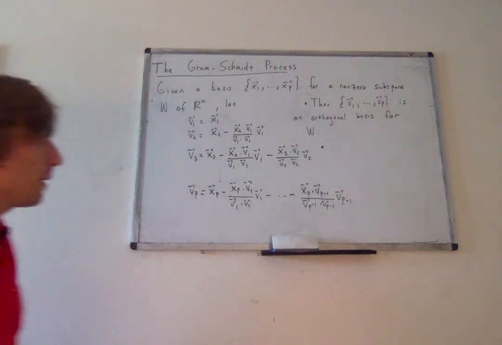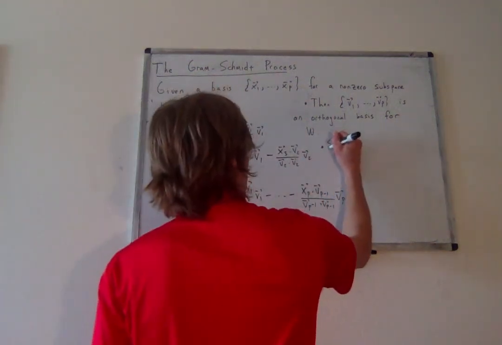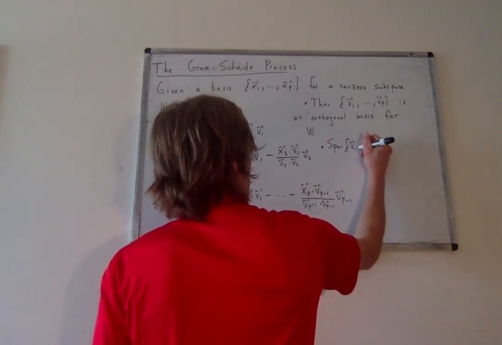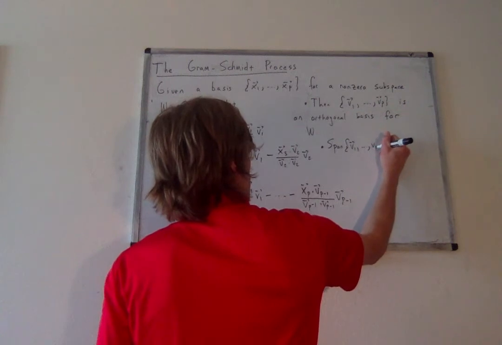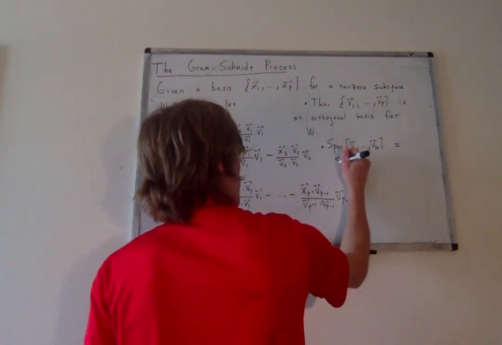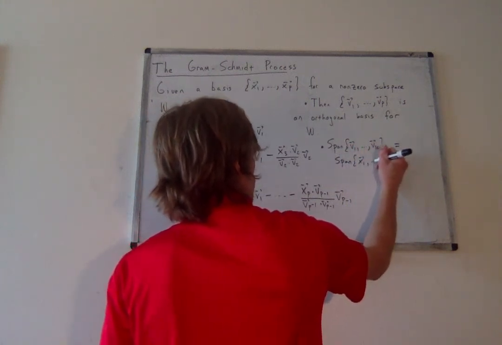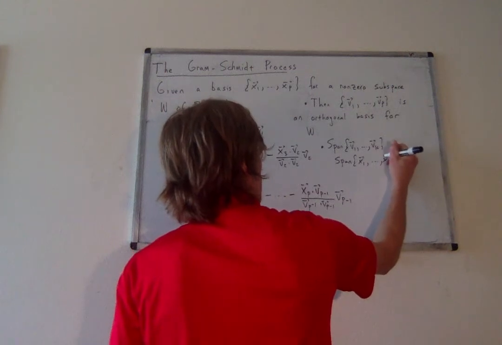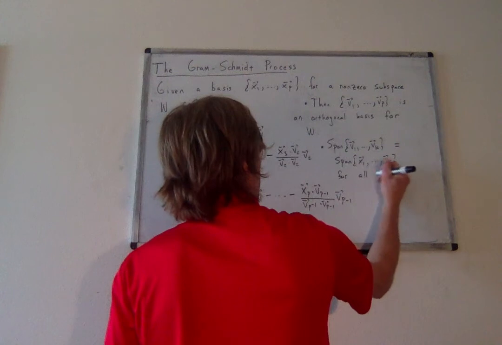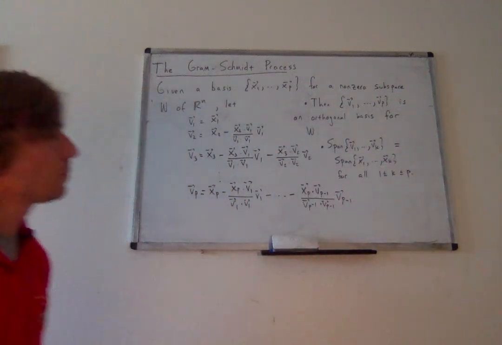But on top of that, we kind of showed this in the previous example. If I take the first k vectors in this set, so v1 through vk, that span is always equal to the span of the first k vectors in my original set, for all k from 1 to p.